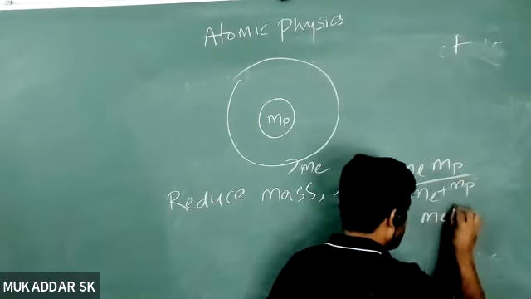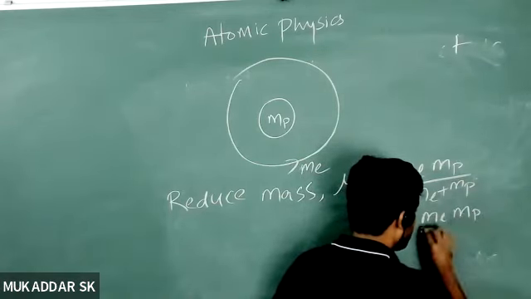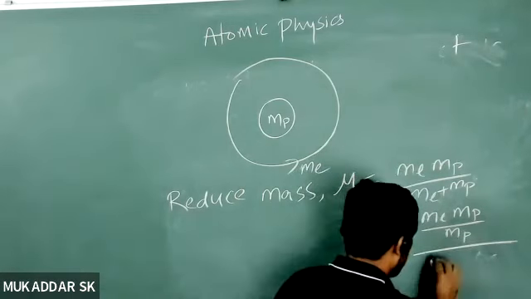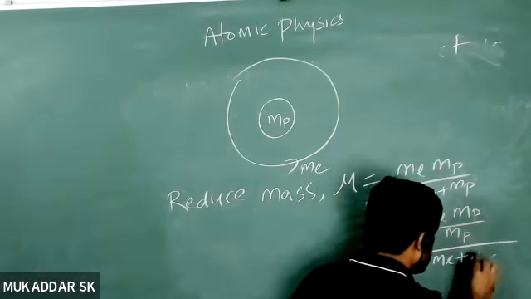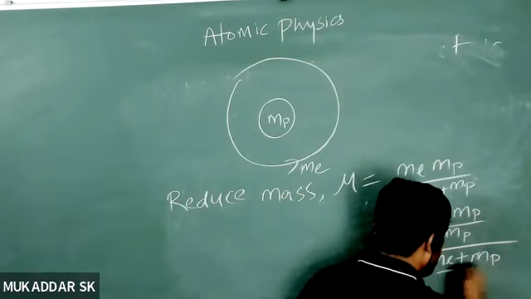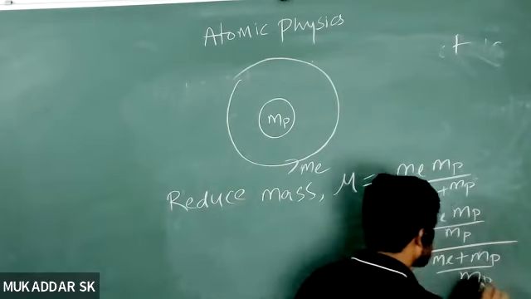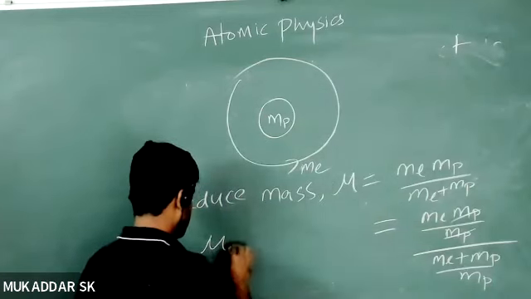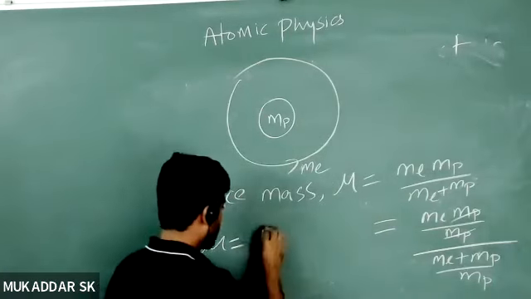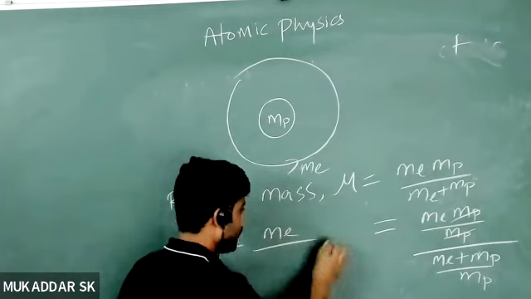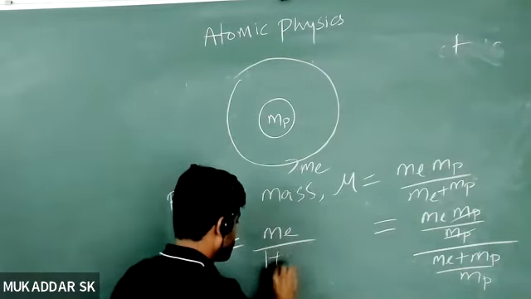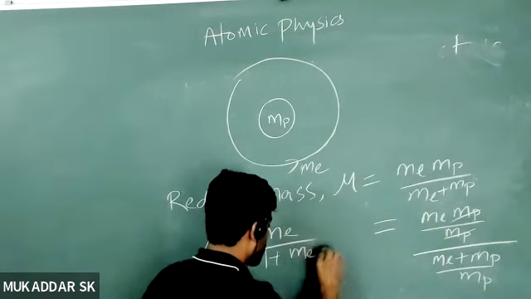So Me by Mp divided by Mp, and the Mp will be gone. So mu is nothing but the mass of the electron divided by 1 plus Me by Mp.